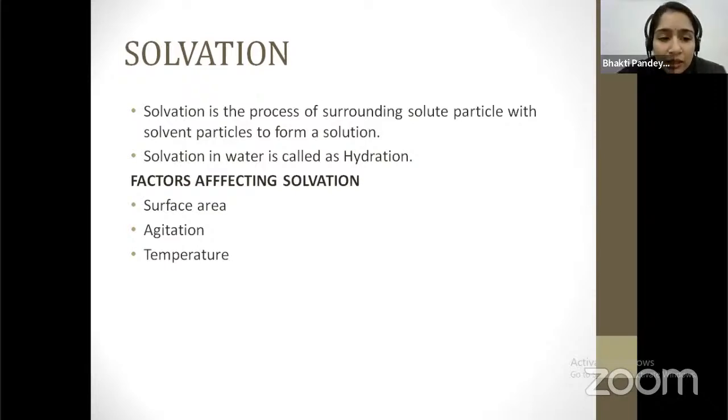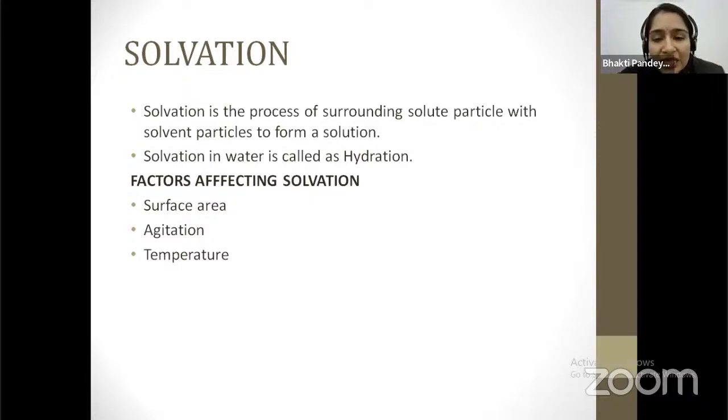Then agitation. As we know, if we shake or agitate the solute particles, they will achieve more kinetic energy as we agitate our dosage form in the solvent which has been used.